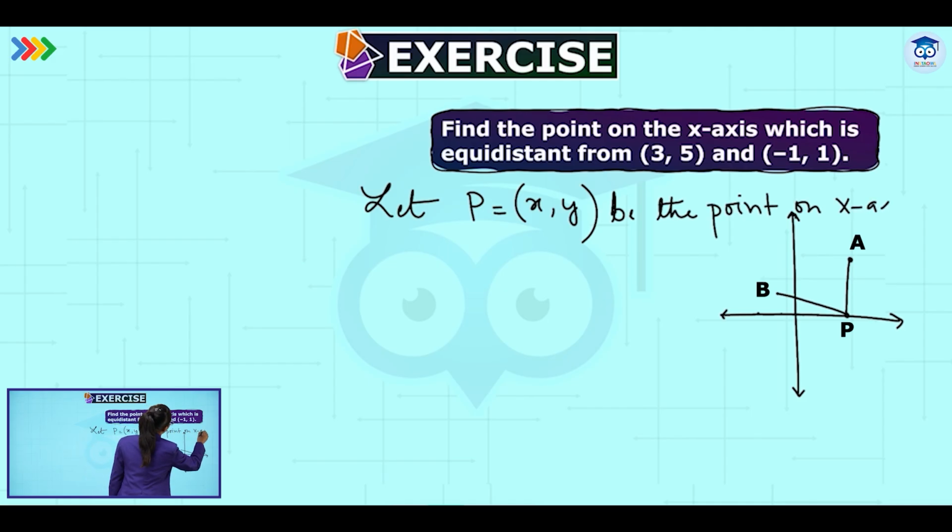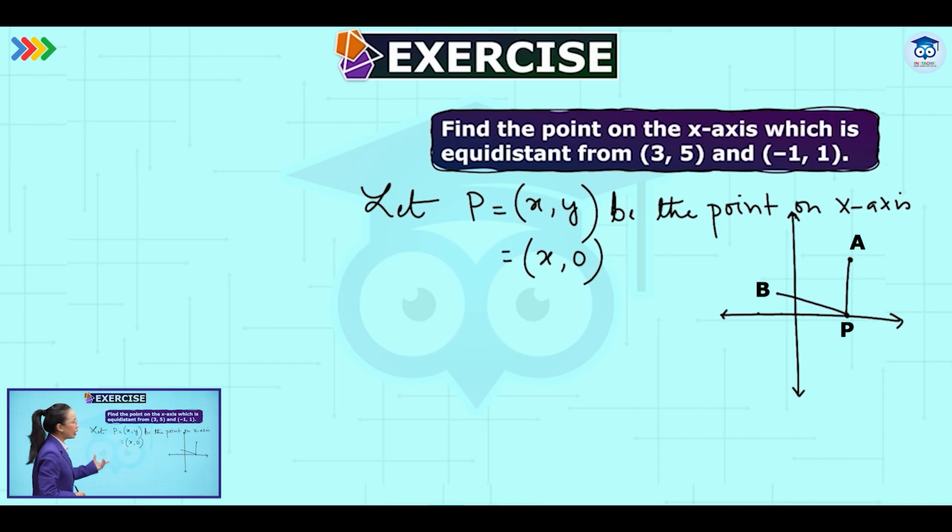But when we talk about the x-axis, we know that the y value should be 0. So the point P will look like x comma 0. Understood? So now if we consider this as point A, this as point B, we have AP equal to BP.